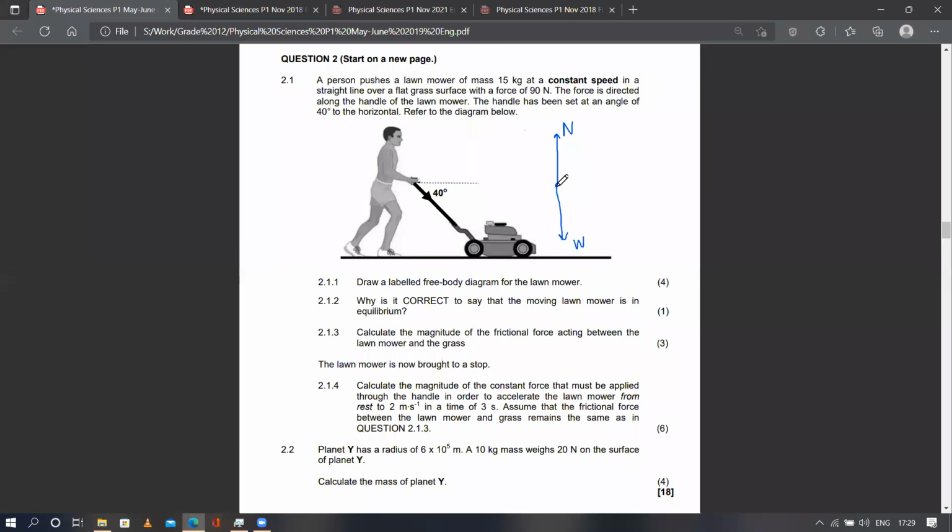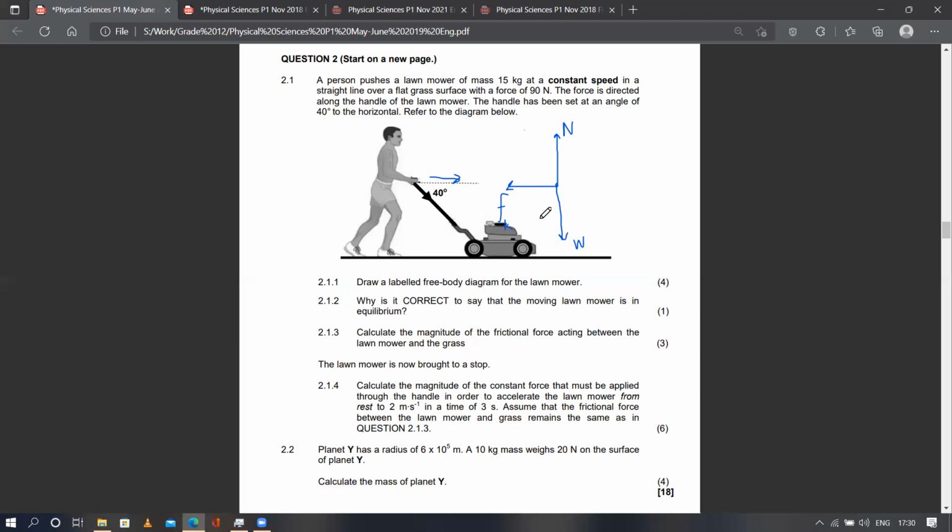They did not mention that the surface is frictionless, so you have to assume that there's going to be friction affecting the mower. Since he's pushing the mower in this direction, friction is going to oppose the motion. And since he's moving the mower at a constant speed, you're going to have your kinetic friction.